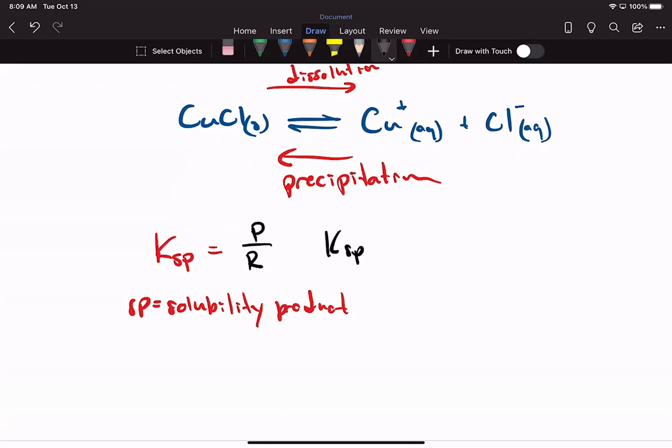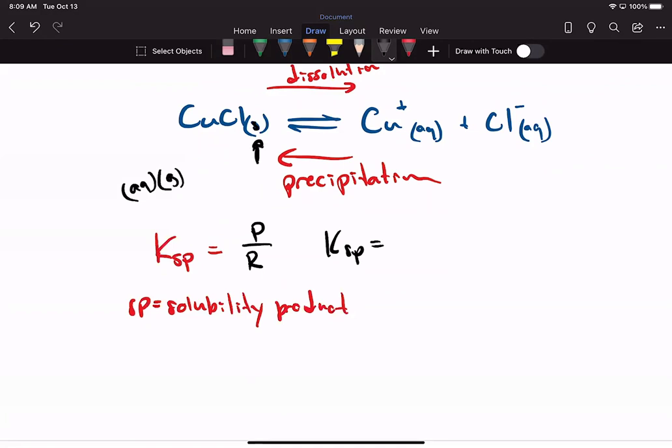So our Ksp for this particular reaction would be, and notice that this is a solid. When we convert these formulas into these K values, we only deal with aqueous ions and gas molecules.